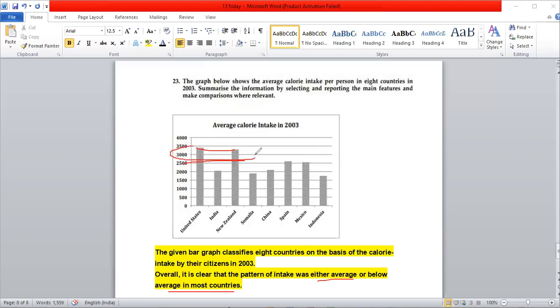Two countries are above average, United States and New Zealand. You need to say that.